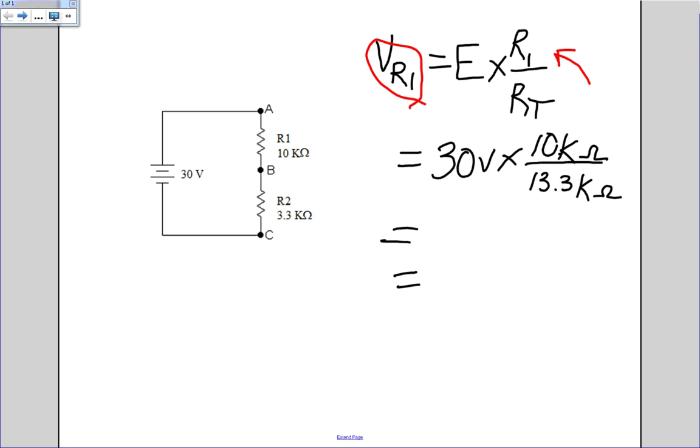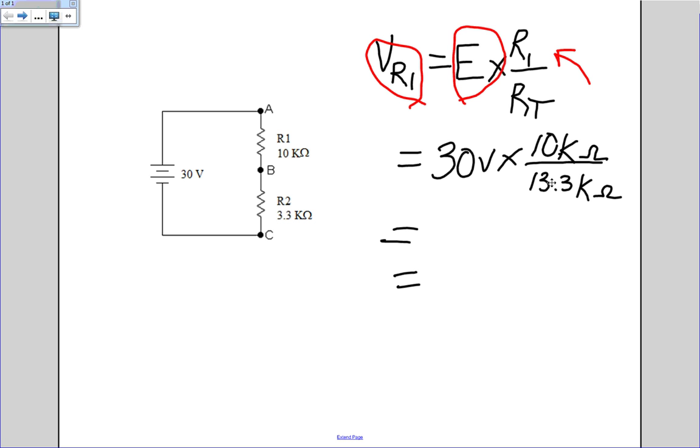And then we just have to apply that percentage to our source voltage to determine what the voltage across resistor 1 is. So that's what we're doing when we plunk some numbers in here: we have 30 volts, and we're going to multiply it by the ratio of 10 divided by our resistance total.